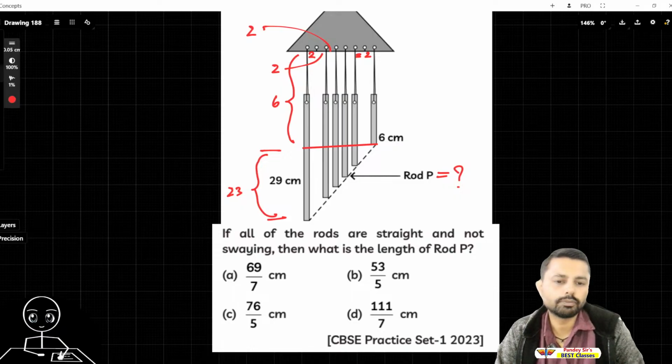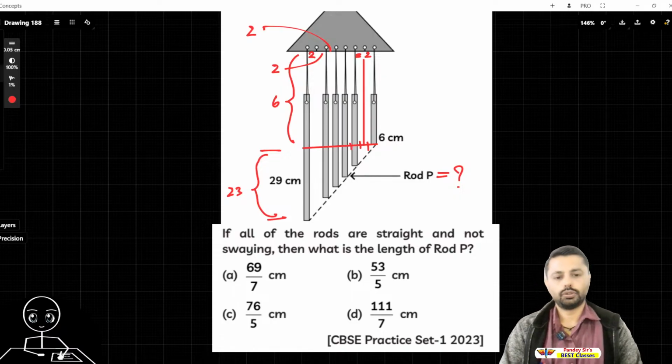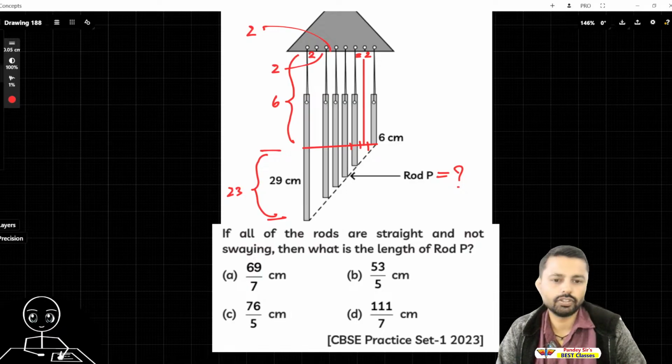Okay, what else is remaining? 2 to 2 is the gap. So how much will be here to here? There must be one rod here. Now this is 2, 2, this is 2, and this is 2. 2, 3 sixes, it seems like this is a gap of 6. One more time, I'll cross check. 1, 2, 3.